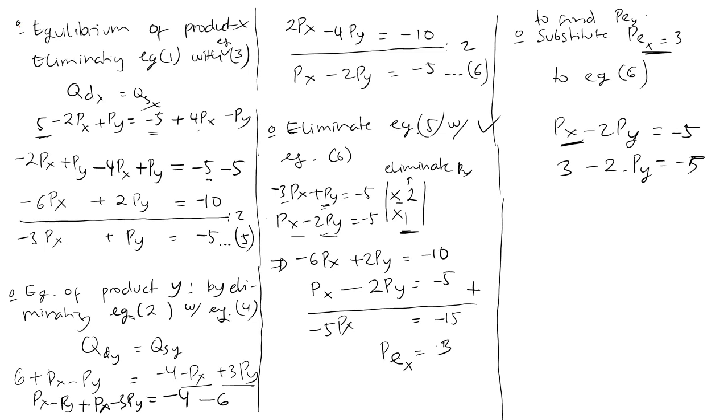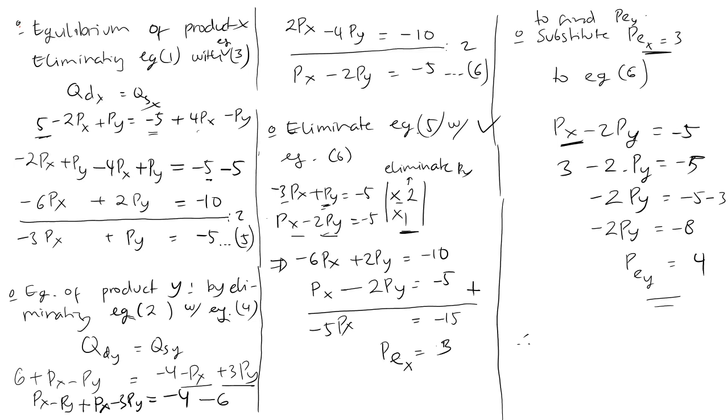Let me repeat the process. Okay, let the Py stay on the left, and then the 3 on the left side goes to the right side, then it will become minus 3. So then minus 2Py is equal with minus 8. Then Py is 4. So I change the name to the equilibrium of Y. Like that.